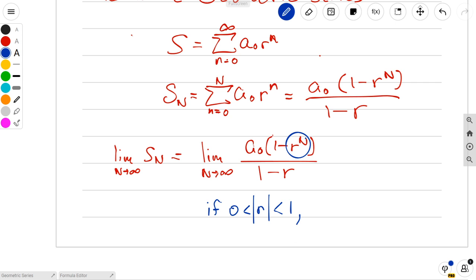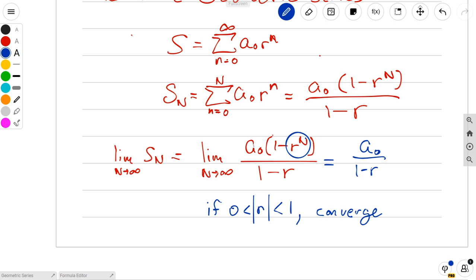It doesn't matter whether it's positive or negative, it's going to be fine. This whole thing is going to converge, because if r is a fraction, that's going to end up going to 0, and we're just going to get a sub 0 over 1 minus r.